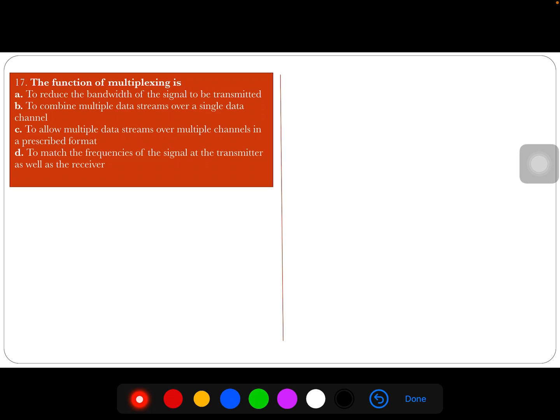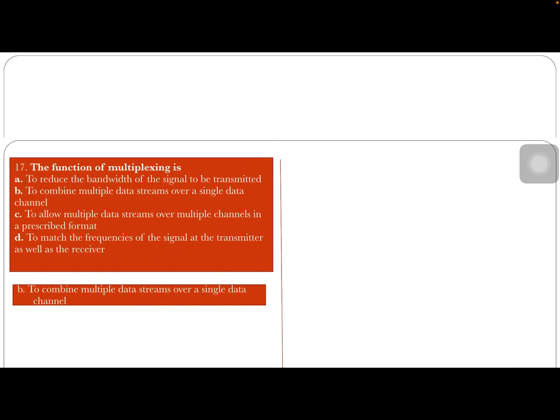To reduce the bandwidth of the signal to be transmitted, to combine the multiple data streams over a single data channel, to allow multiple data streams over multiple channels in a prescribed format, or to match the frequencies of the signal at the transmitter as well as receiver. So the most appropriate option is B, that is to combine the multiple data streams over a single data channel. So B is the correct option.